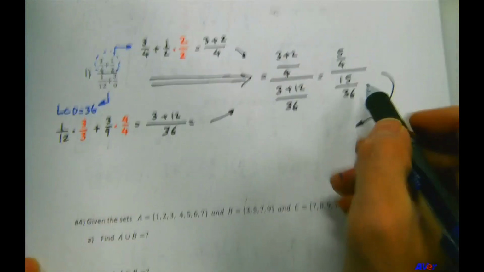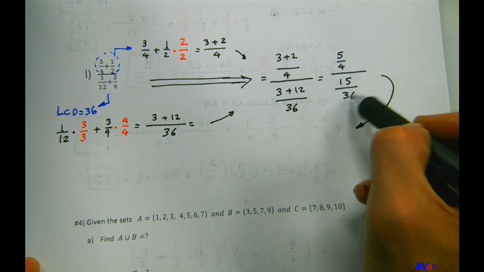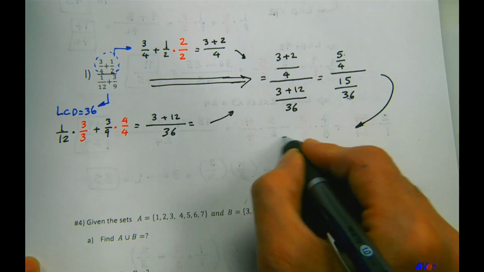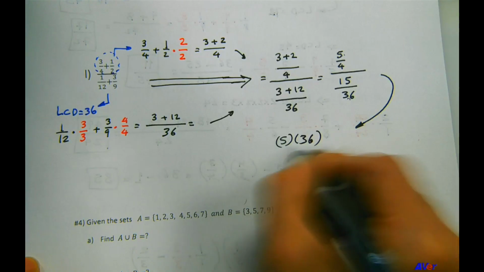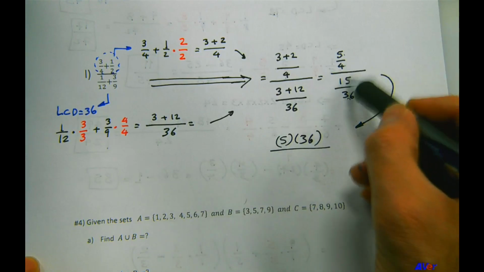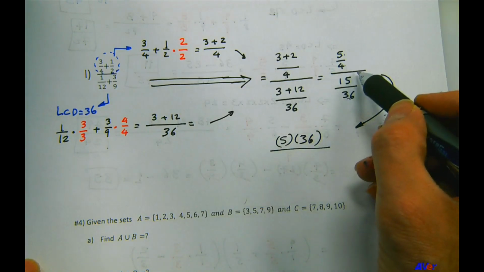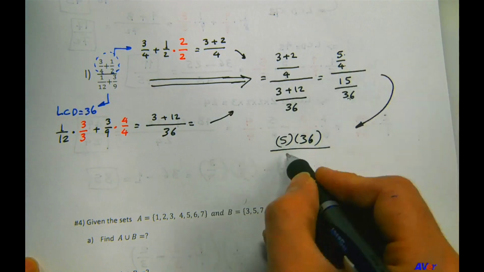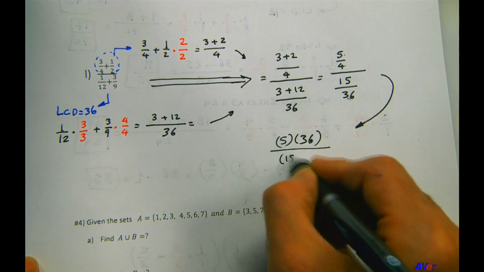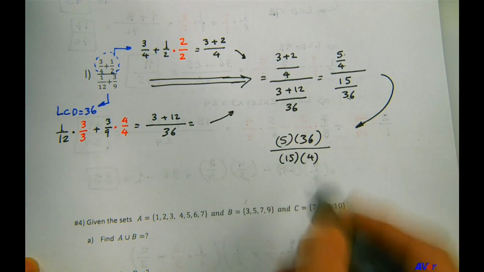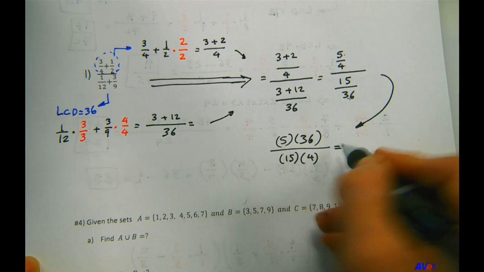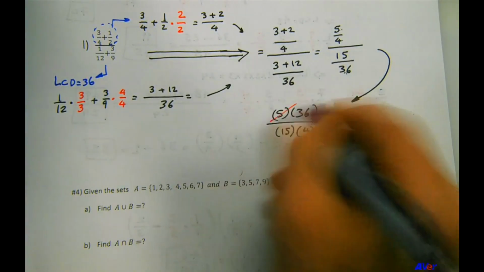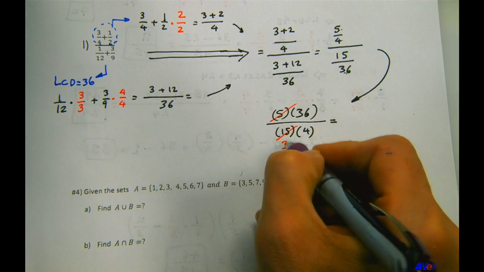So take a look at the terms that are farthest away from each other, 5 and 36. Multiply them and put them in the numerator. Look at the terms that are closest to each other, 4 and 15, right? So multiply them and put them in the denominator, like that. Can we simplify this fraction? Absolutely we can. So 5 goes away, and 15 is left with 3, right?